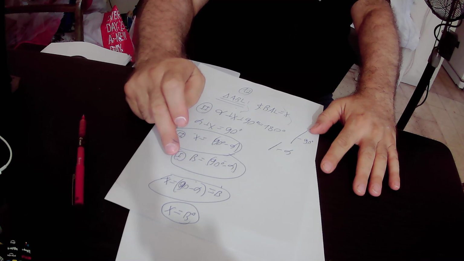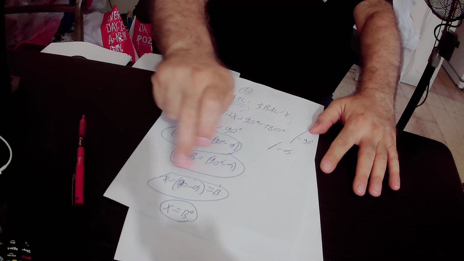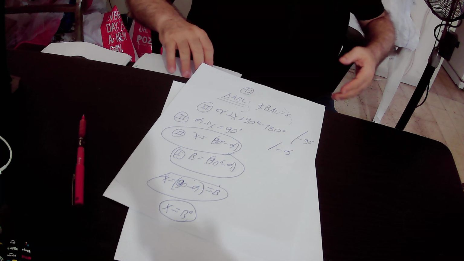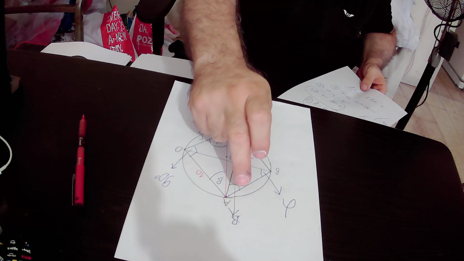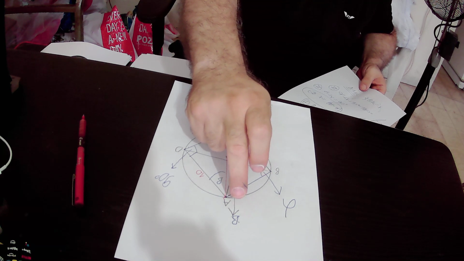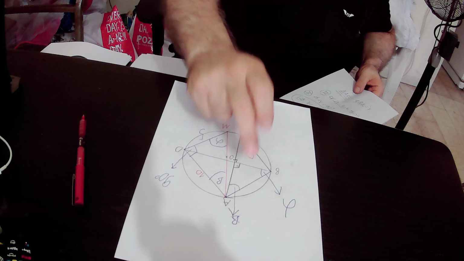So we have an equality that states that x equals beta. We substituted x by beta because x equals beta.